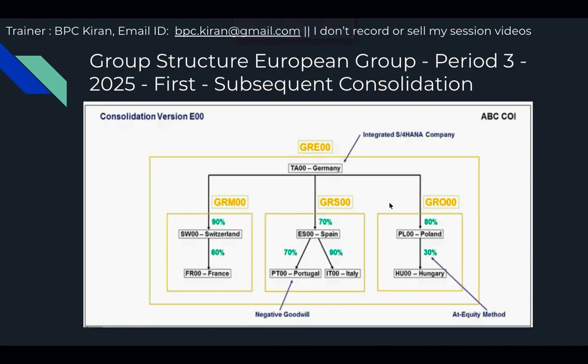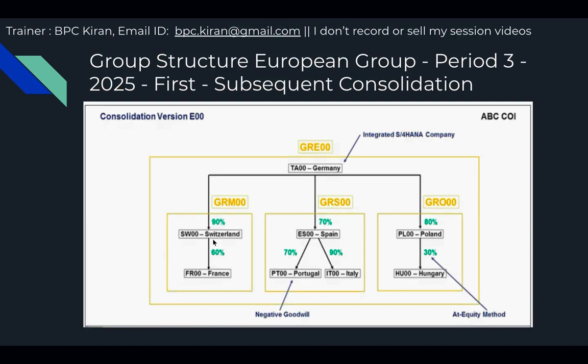For example, I have GRM group, GRS group, GRO group, all are part of, let's say, Europe group. So my main group is Europe group. One group created Switzerland and France, and there is a Germany investment in Switzerland also.